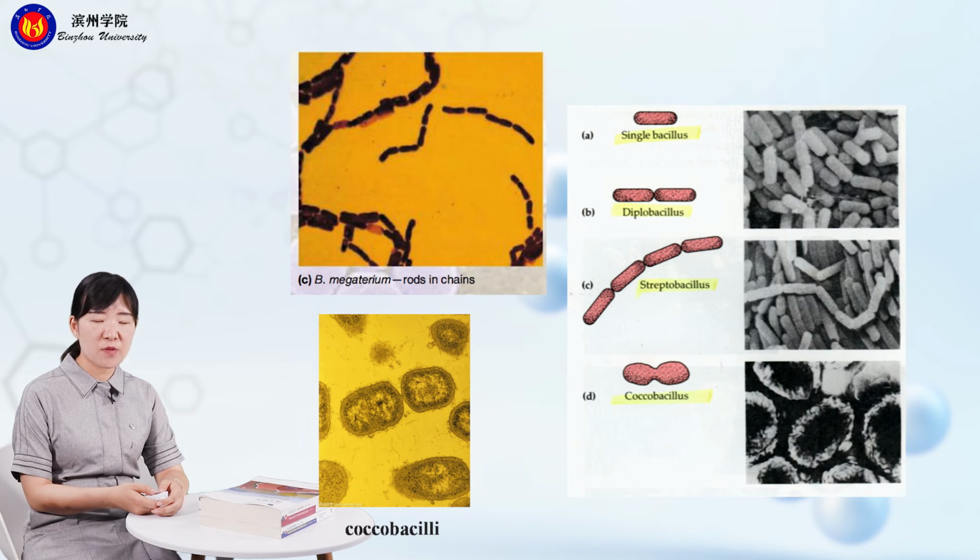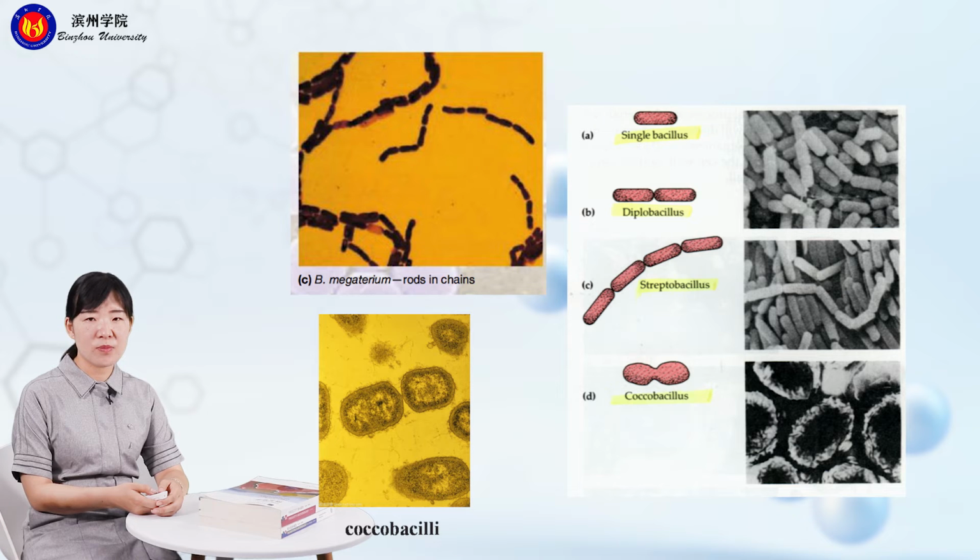The shape of the rod's end often varies between species and may be flat, rounded, cigar-shaped, or bifurcated. Although many rods occur singly, some remain together after division to form pairs or chains.